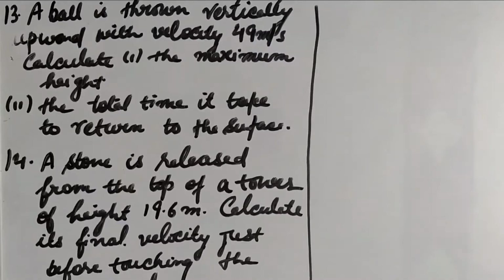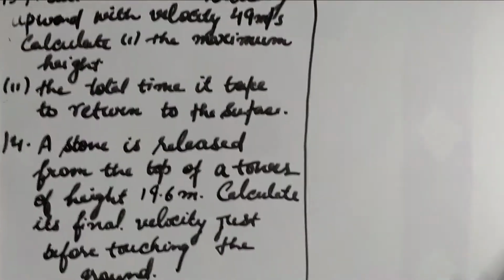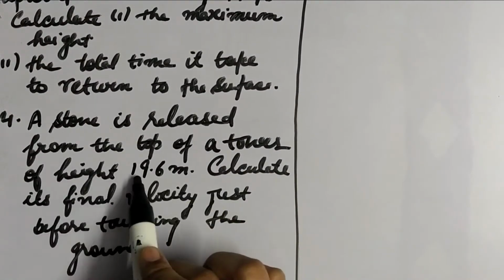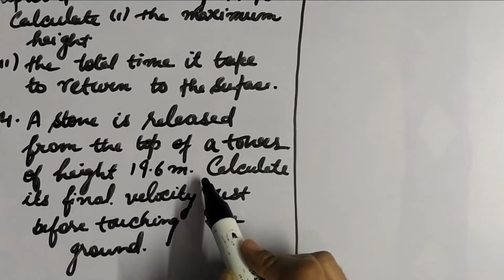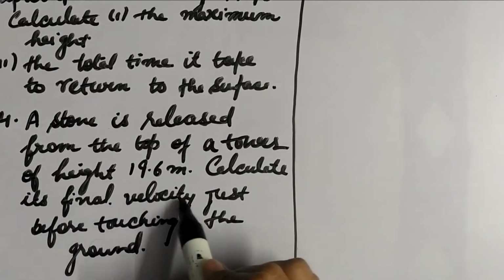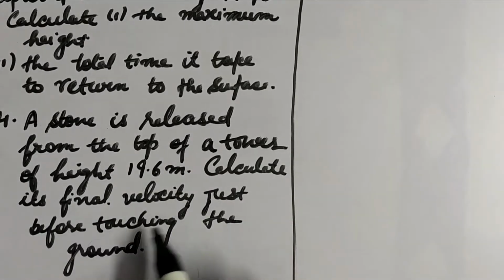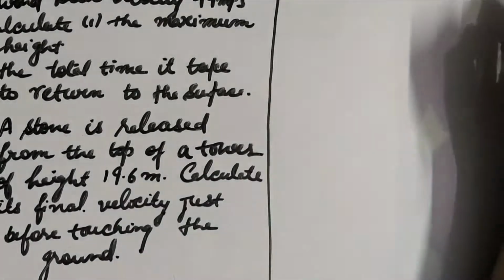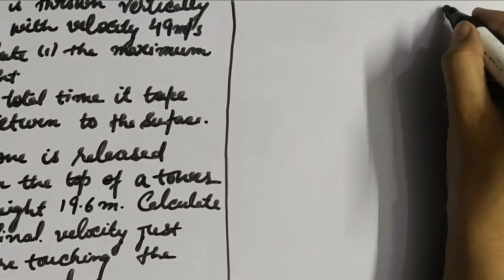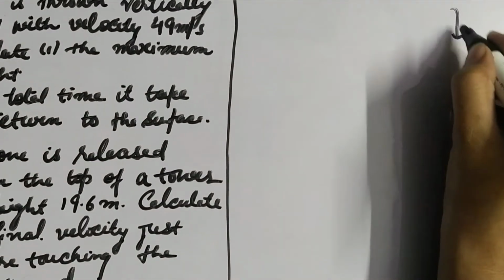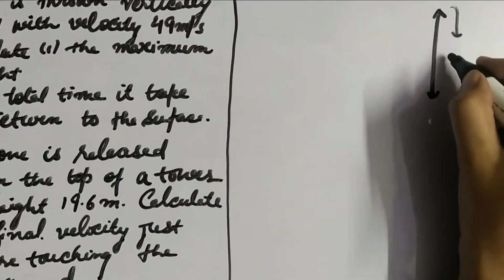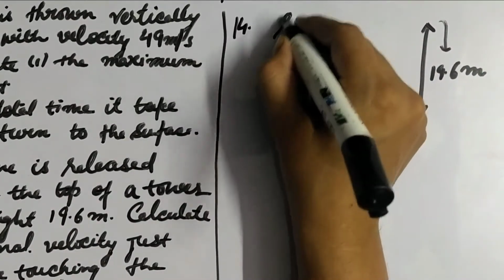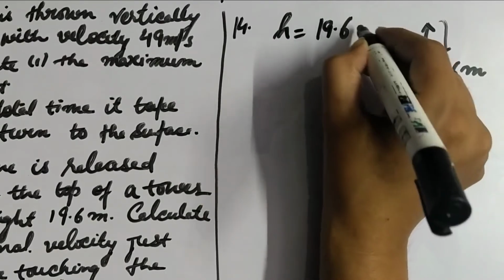Clear? Next, the 14th: a stone is released from the top of a tower of height 19.6 meter. Calculate its final velocity just before touching the ground. So what is given? The stone is released from the top of a tower and the height is 19.6 meter.